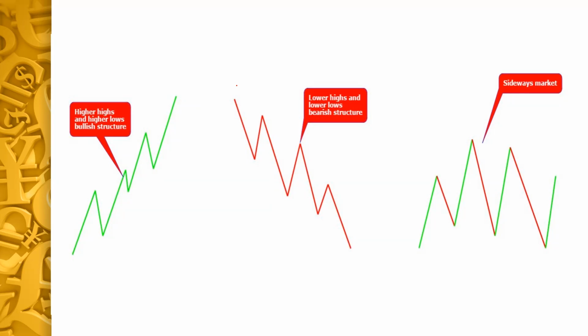Yeah, and the sideways market looks something like that. You get one higher high, then it goes back down and makes one lower low, then it goes back up. It doesn't give you a higher high, but maybe it doesn't give you a lower low either. But in this picture here, we have a lower low.